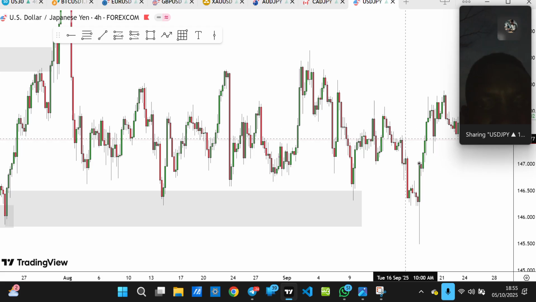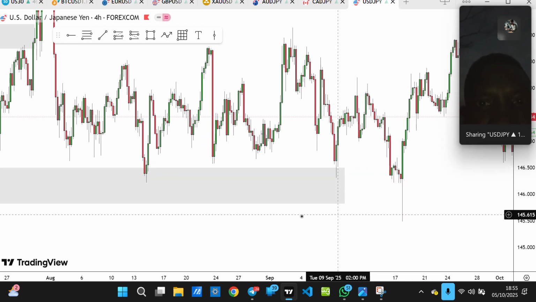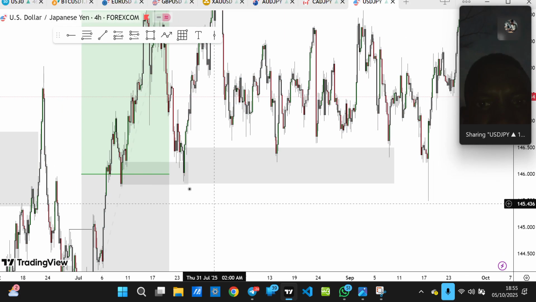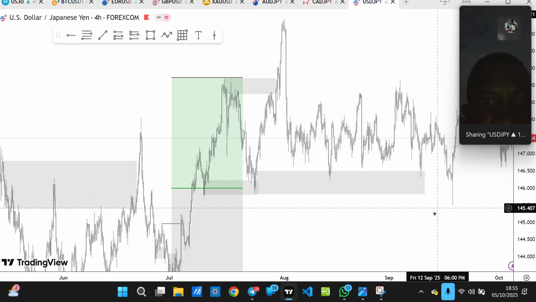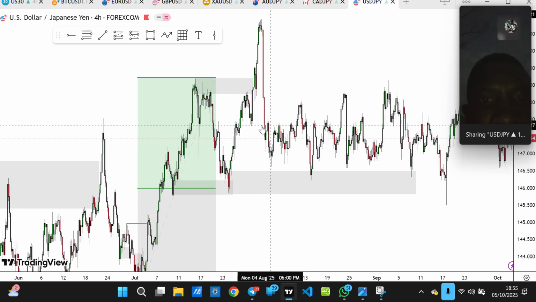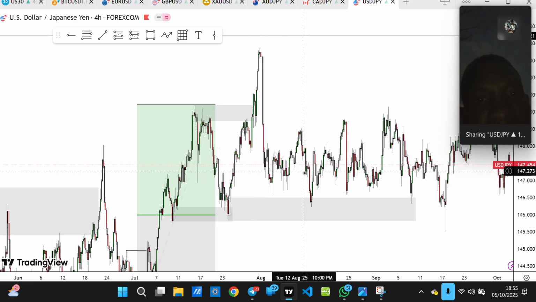So you see that price now came and swept the low because this low is weak. It didn't break structure to the upside. In the first place, it didn't break structure to the upside because it was just a liquidity high that it made here. So a liquidity high came here. It was looking as if there was demand here because we broke this structure here.